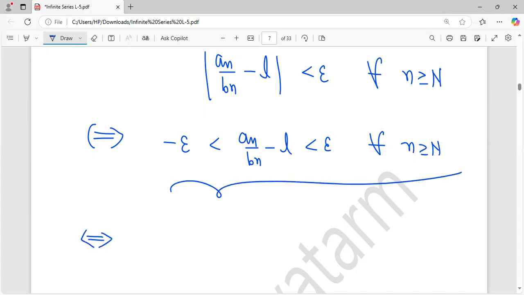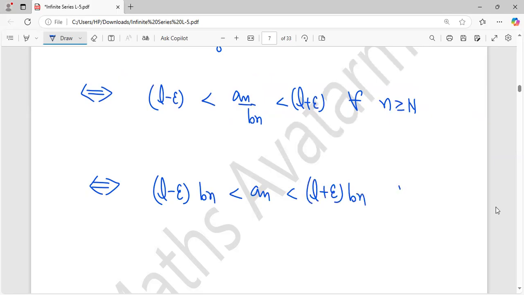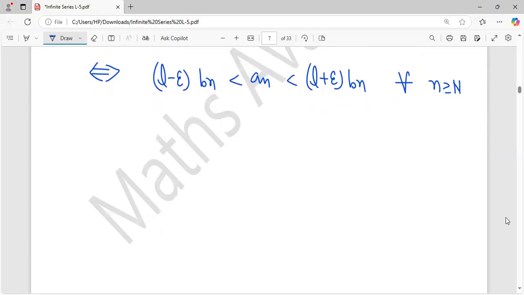L minus epsilon is less than a_n upon b_n, which is less than L plus epsilon, for all n greater than capital N. So this is (L minus epsilon) b_n less than a_n less than (L plus epsilon) b_n for all n greater than capital N. Now let's call this the star equation.